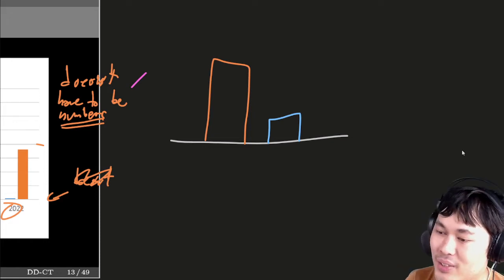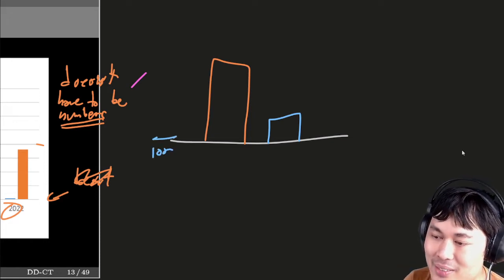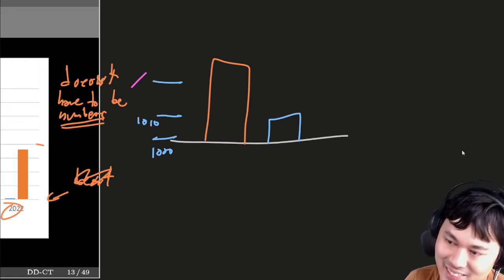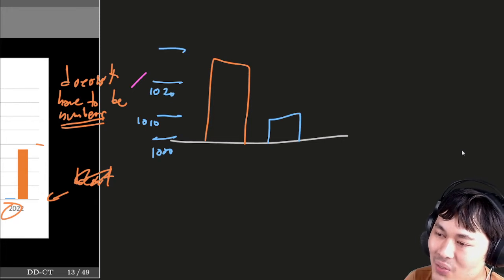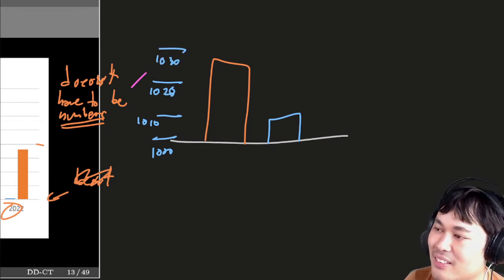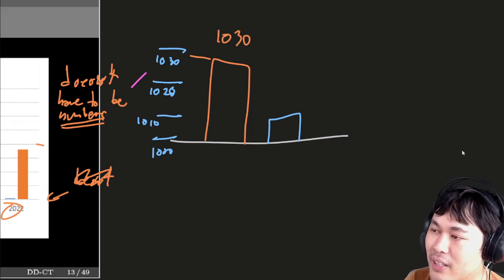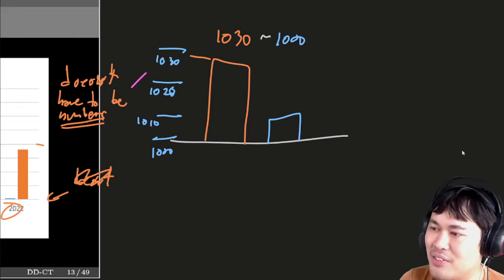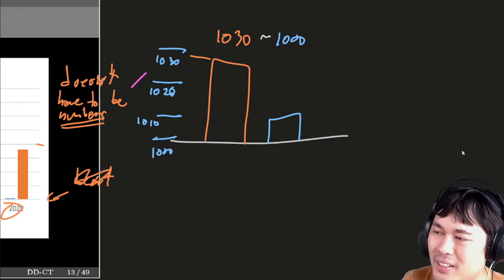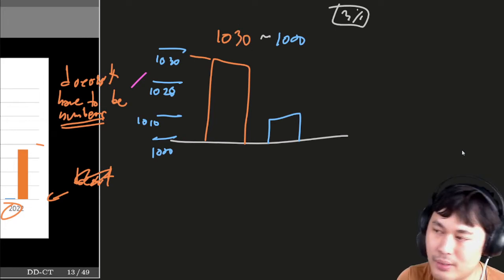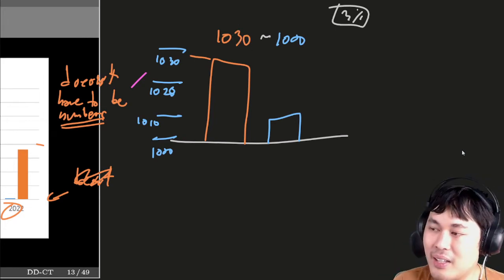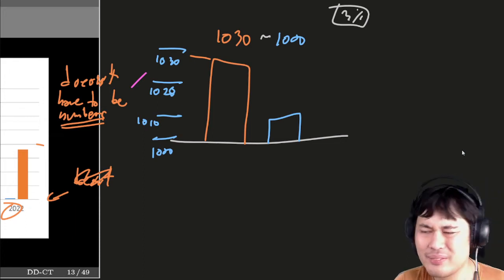But sometimes they, let's say, start at 1,000, then increase in increments of 10, so 1,020, 1,030. And then when you look at the actual numbers, 1,030 and 1,000, you can say that they're actually roughly the same. The difference is only 3%, only 30 out of 1,000. So I would say that they are close together.